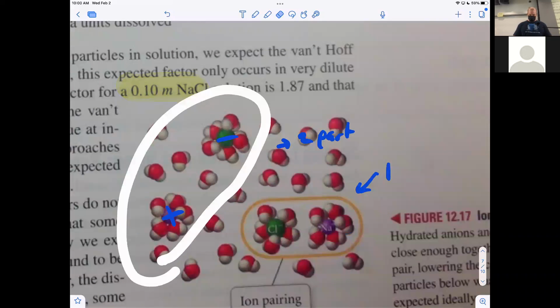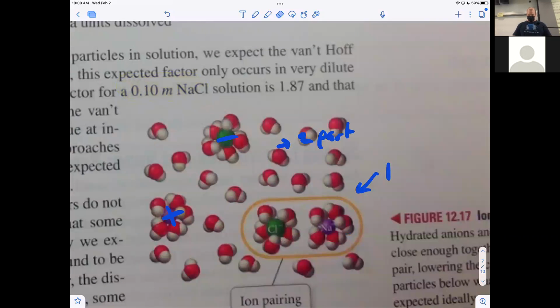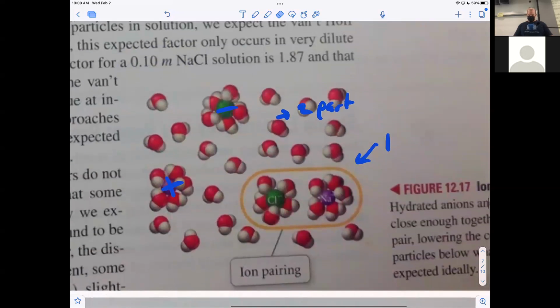Here's sodium and chloride dissolved in water, and you'd think that they behave like 2 particles. But sometimes the ions can pair in solution, and instead of having 2 particles like here, this is clearly 1, this is clearly 2, when they pair together, it looks like they have just 1.